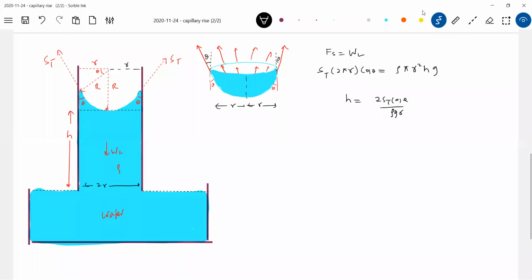Here, what I'm taking is that the force due to surface tension will balance the weight of the liquid column. And now your question, sir. Here we have neglected the volume of the liquid in the meniscus.